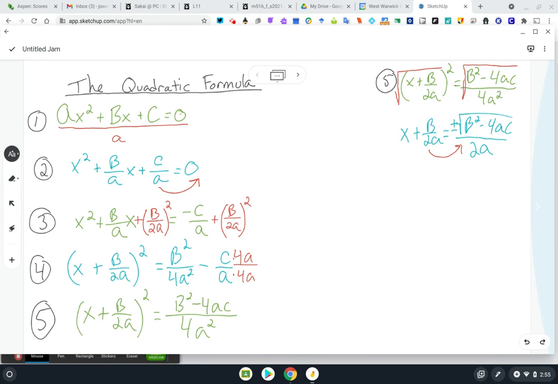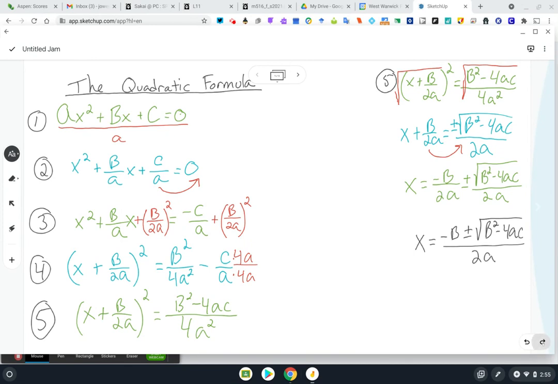So let's move the b over 2a over to the right side by subtraction. All right, and we'll put it in front. So it becomes negative b over 2a plus or minus the square root of b squared minus 4ac divided by 2a. And we have common denominators already, so we can neaten it up as one big fraction.